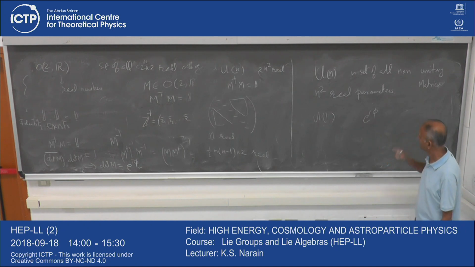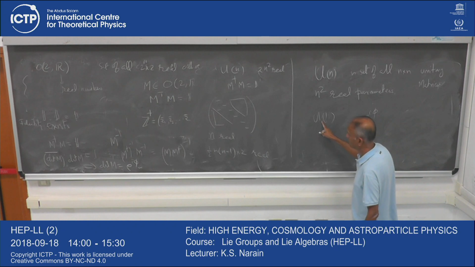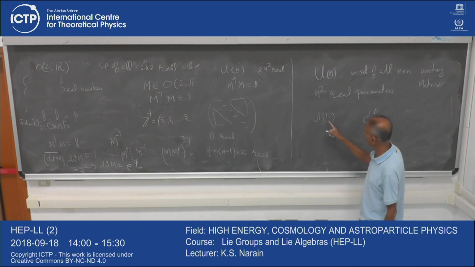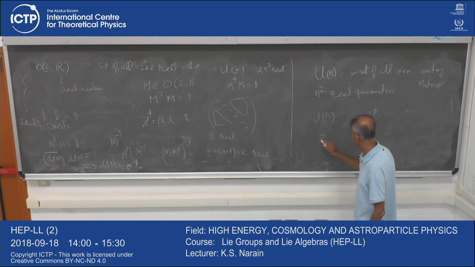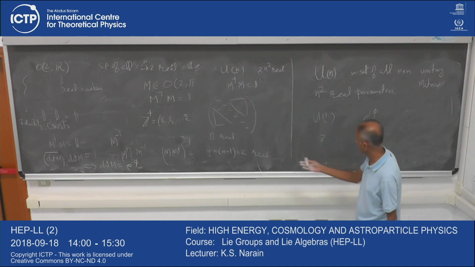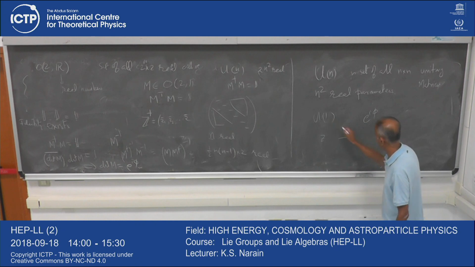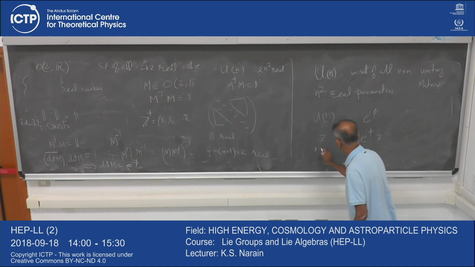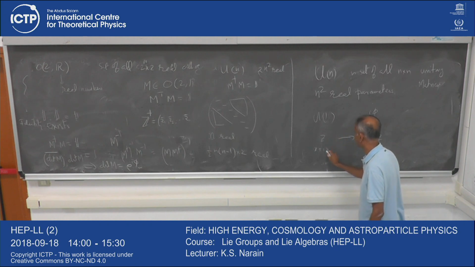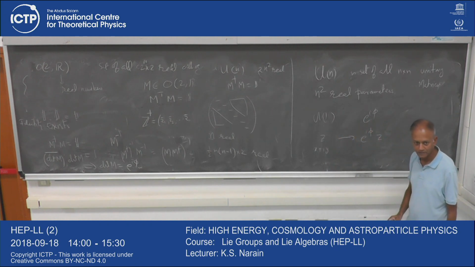So that's the question. Well, U(1) is a 1 by 1 matrix, so I can think of it as acting on one complex variable, Z. Under this action, Z goes to e to the i phi times Z. But now I can write Z as any complex number, x plus i y, two real numbers.